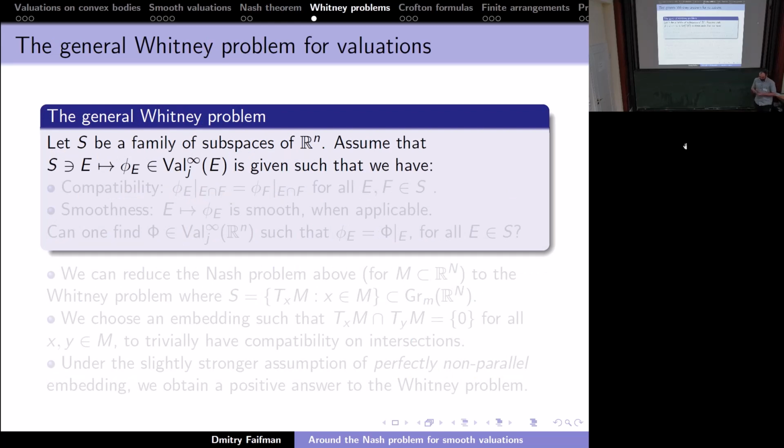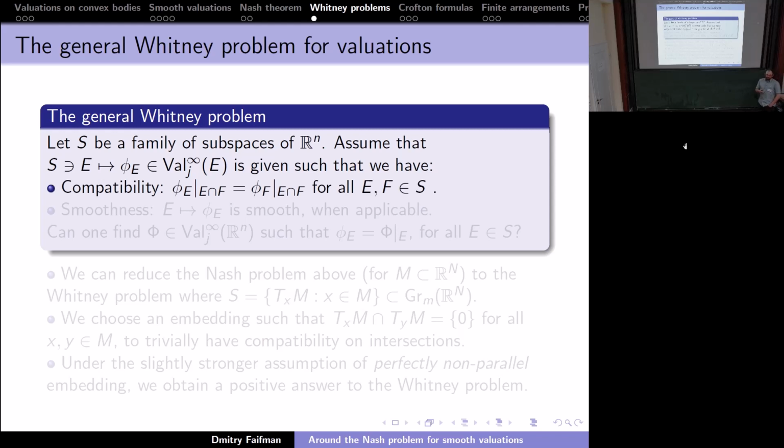Here is a framework for this kind of problem. We will be seeing another instance of that soon. The framework is the Whitney extension problem. We will be looking at some family S of subspaces of R^n, and we will have some data. For every E in S, we have a smooth valuation on E, which is j-homogeneous.